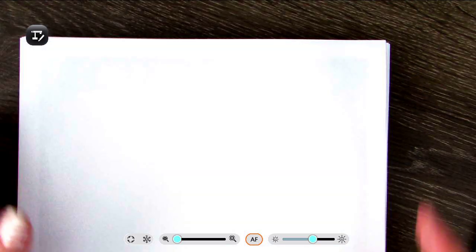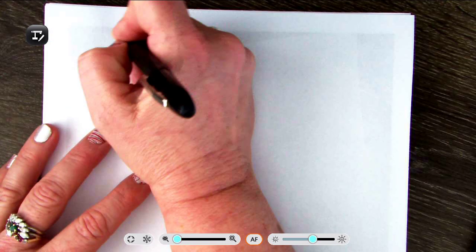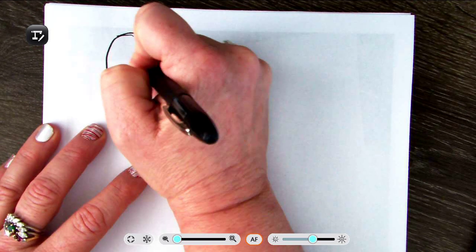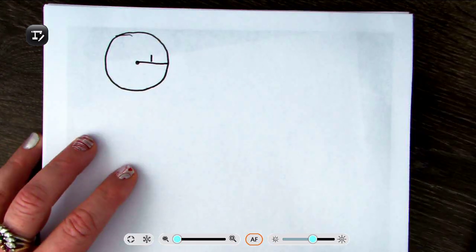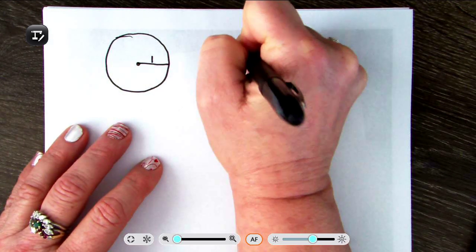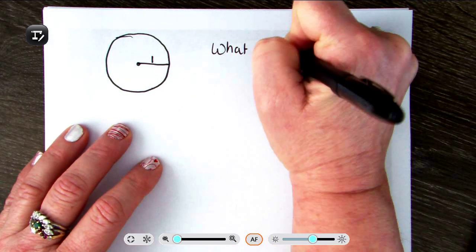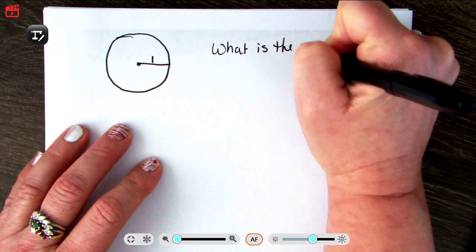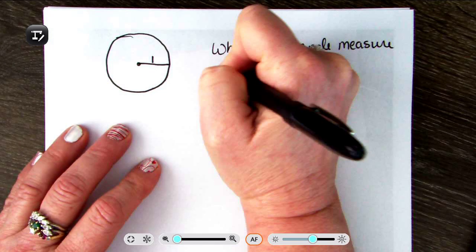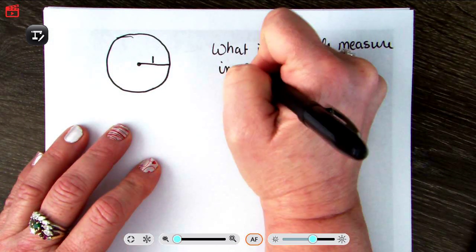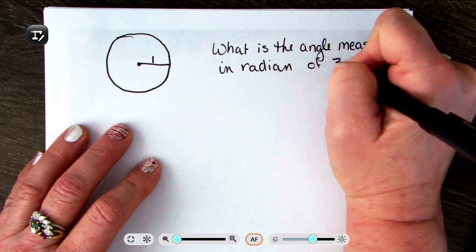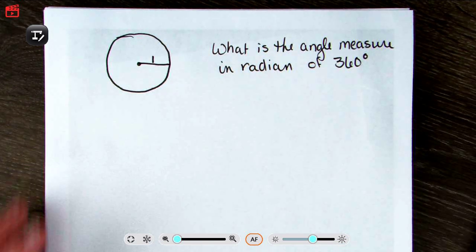So let's take our circle of radius 1, okay, and I want to know what is the angle measure in radians of 360 degrees.